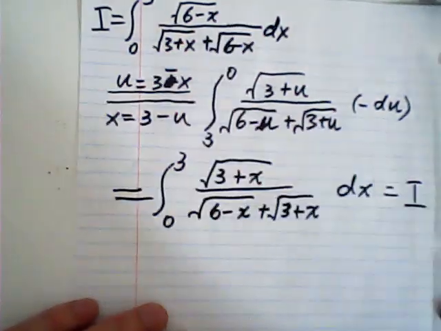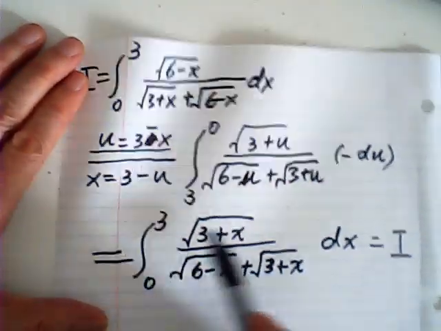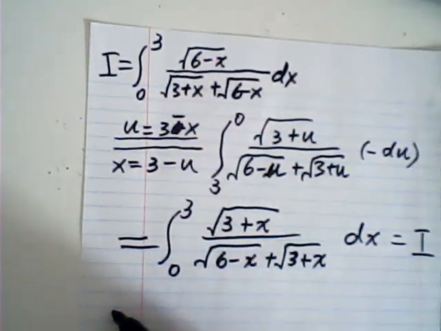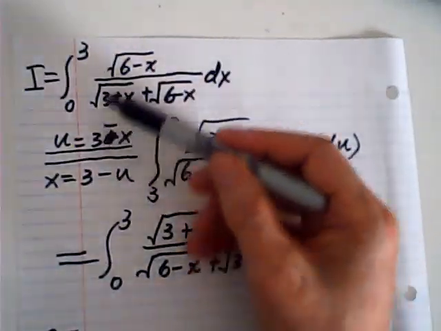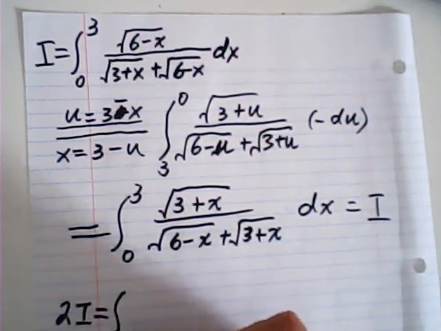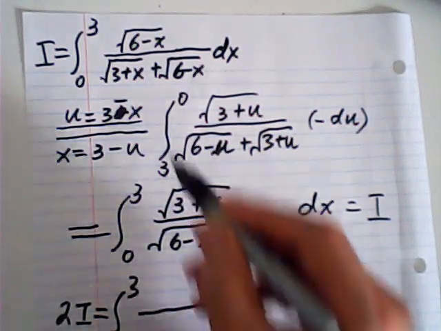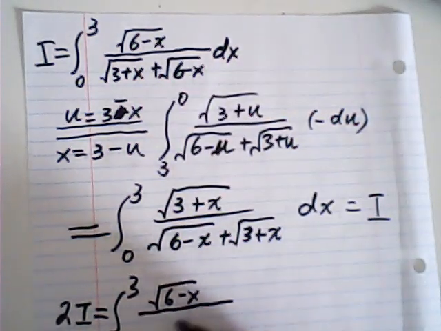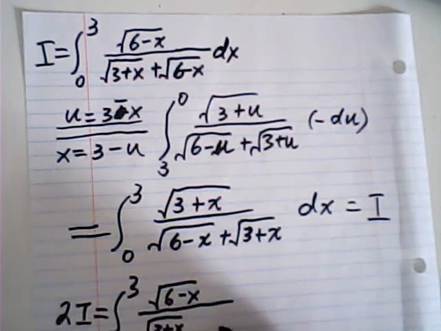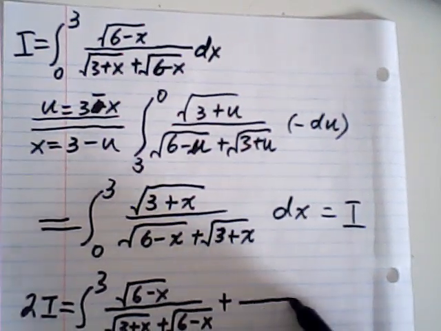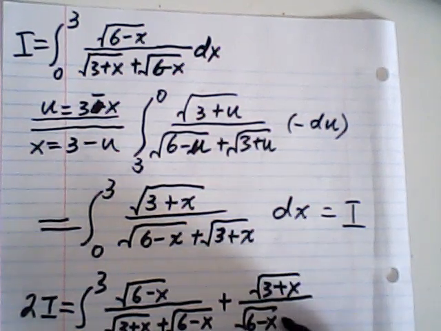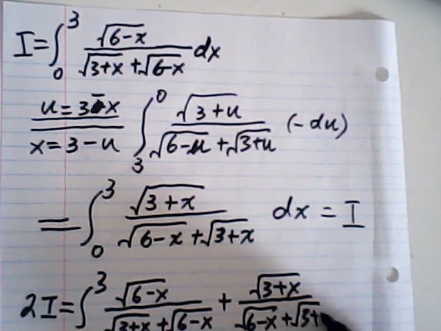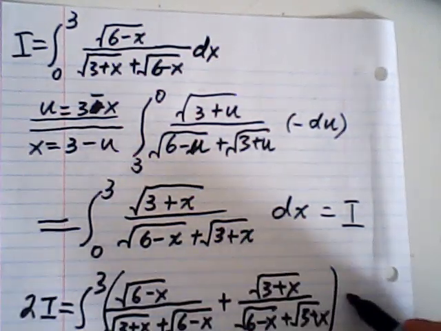The negative is gone. So this is also equal to I, you know, I from the beginning, right? So this is I, this is also I. Therefore, 2I is this plus this, right? So it becomes from 0 to 3, square root of 6 minus x over square root of 3 plus x, plus square root of 3 plus x over square root of 6 minus x, altogether dx.